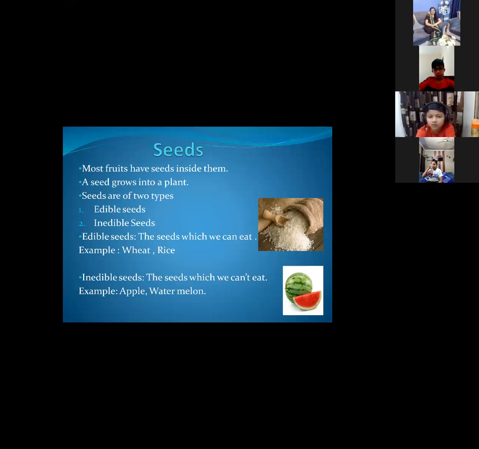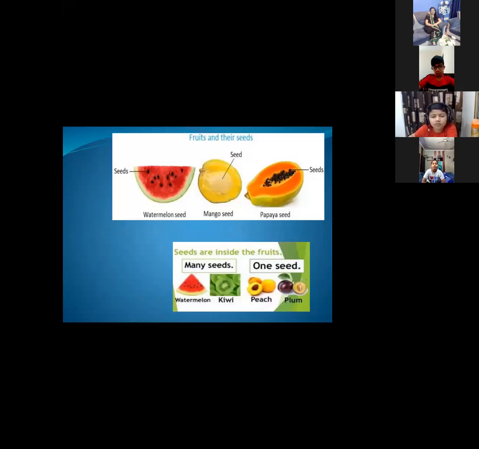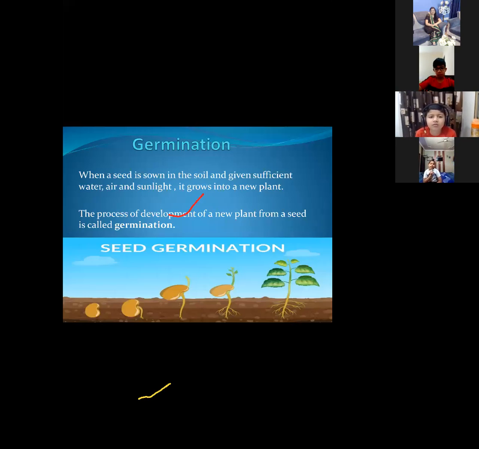Next, there are two types of seeds, edible and inedible. The seeds which we can eat are called edible. The seeds which we do not eat are inedible. Some fruits have many seeds, some have only one seed.